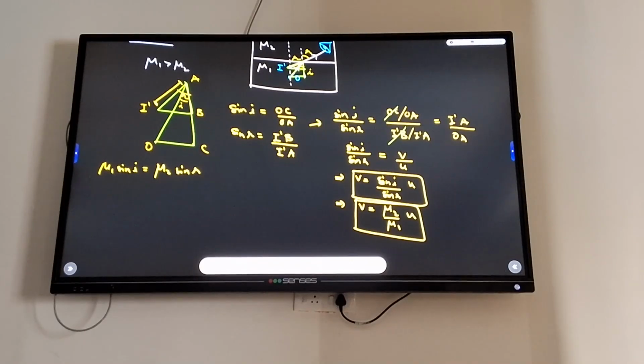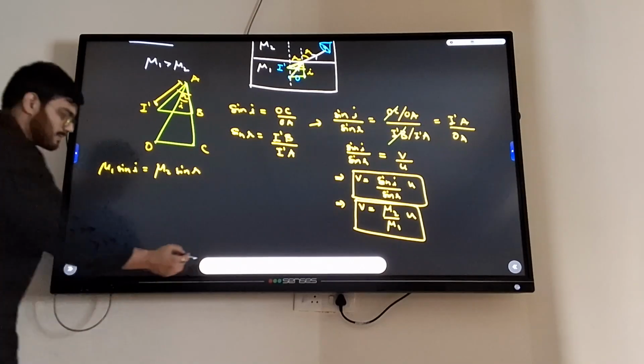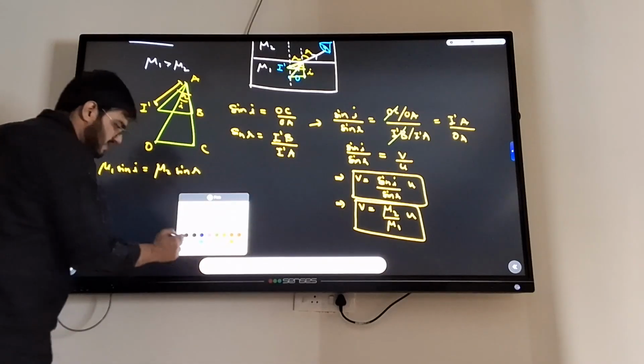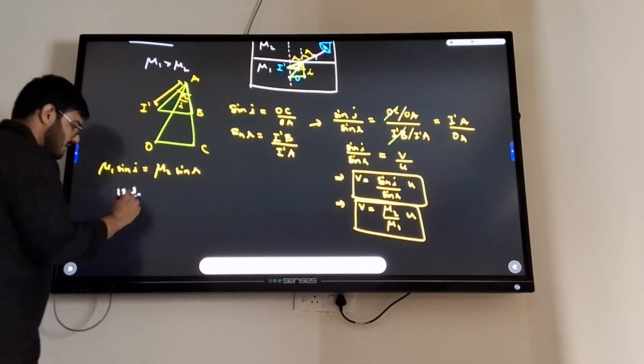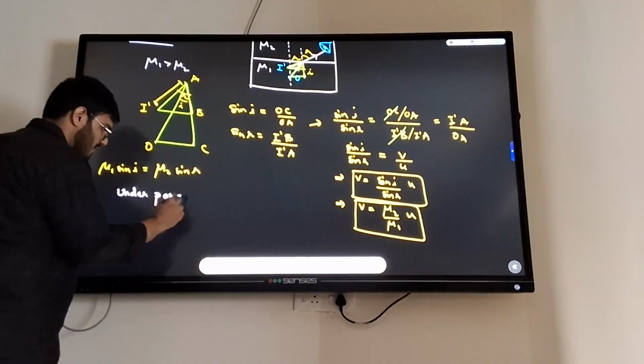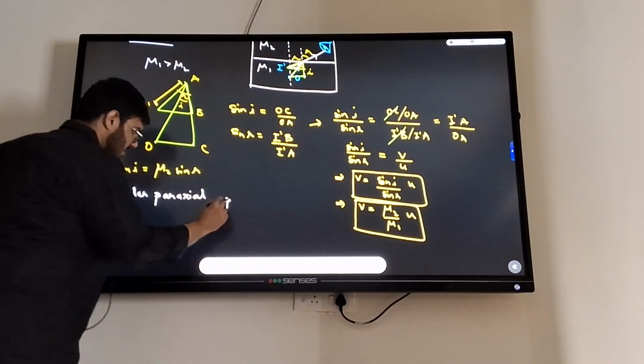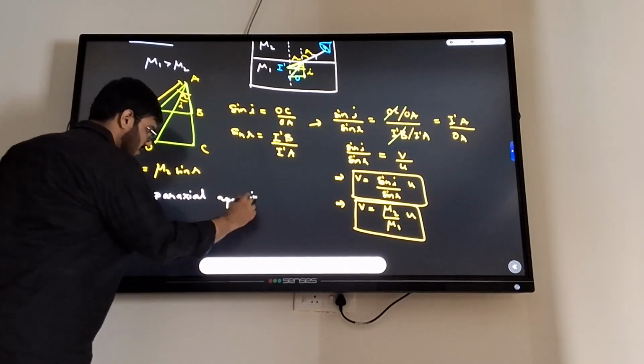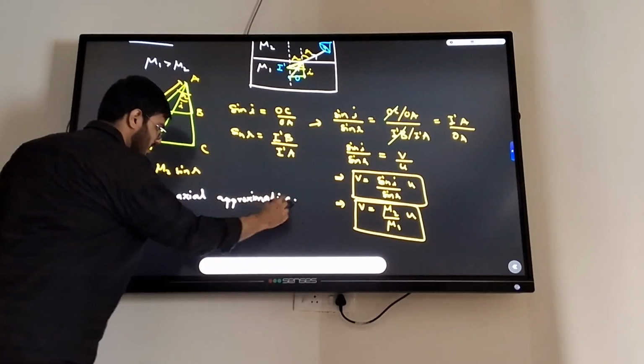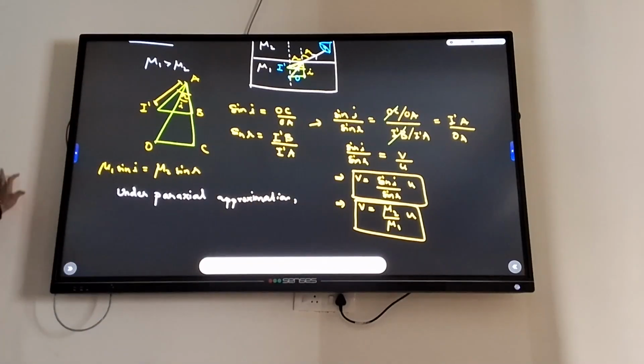So, by the way, under paraxial approximation, do you remember what the paraxial approximation was? The rays are making very small angles. Then sine theta is approximately what? And tan theta is approximately?